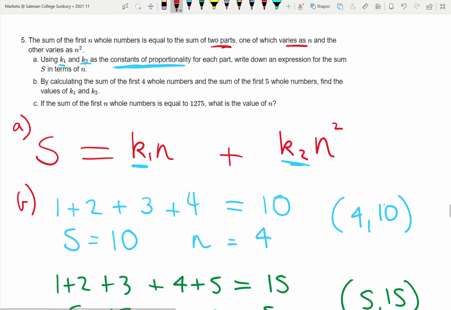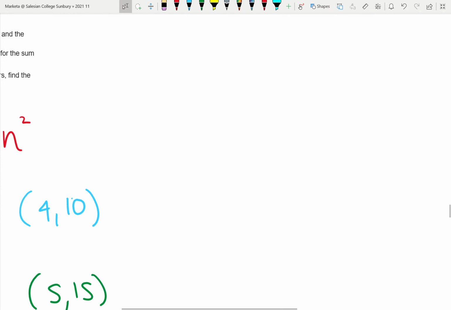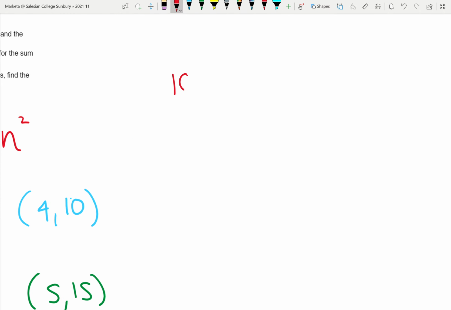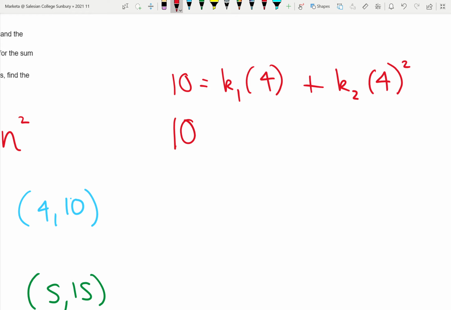So S equals K1n plus K2n squared, and that gives us 10 equals 4K1 plus 16K2. So that's our first equation, and you don't have to write the 1 next to it if you don't want, but it might be handy.